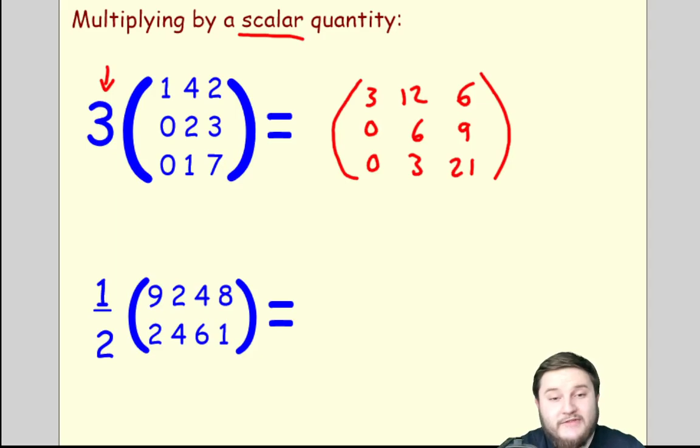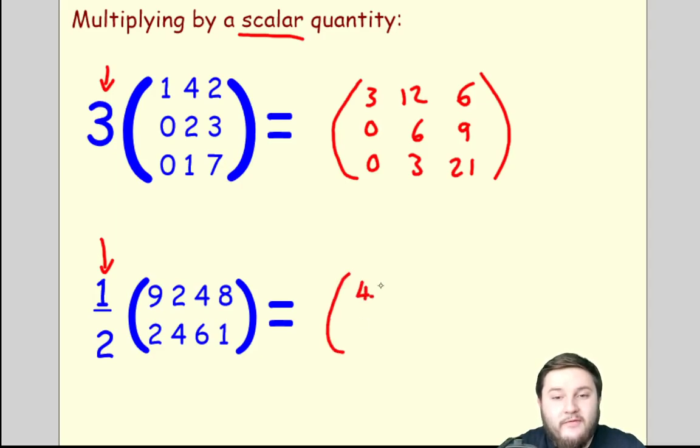Now I'll give you a moment to think about how the bottom one is going to work when it's a half. It's the same principle, so I'll give you a moment to think about that one. So for this one, the scalar multiple is a half, so we just halve every number in the matrix.